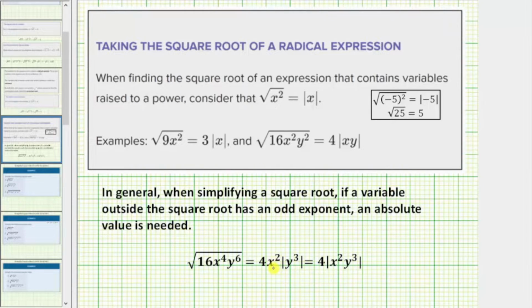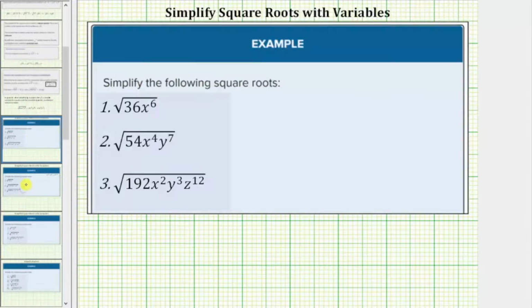However, some sources do include both variables in the absolute value, which does not affect the simplified result. And again, the reason we need an absolute value around y to the third is because if y is negative, y to the sixth would be positive, but y to the third would be negative, and it has to be positive.